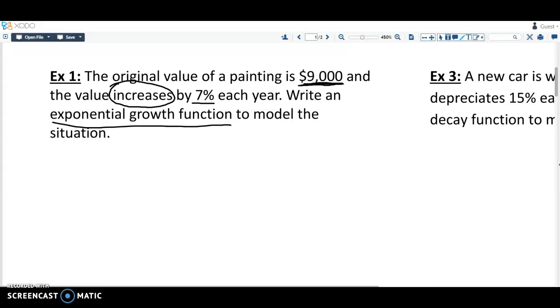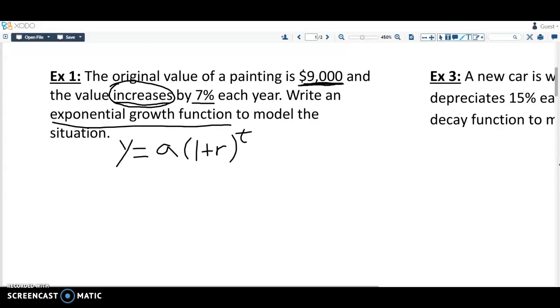Because this is exponential growth, and we know that not just because it tells us, but because it says the value of the painting is increasing, we have to use the formula y equals a times 1 plus r to the power of t.